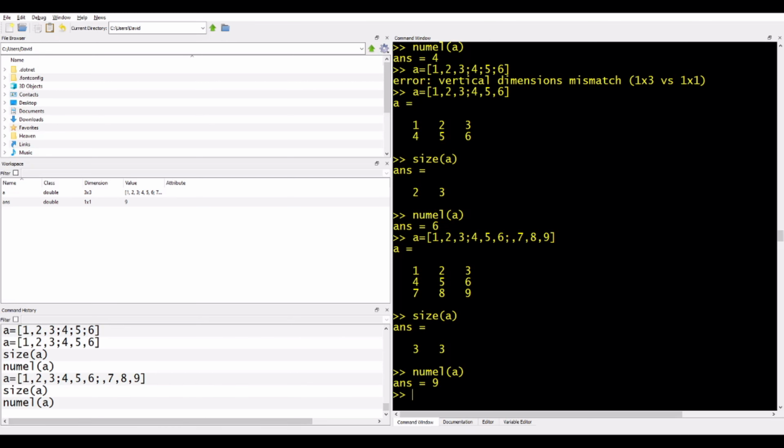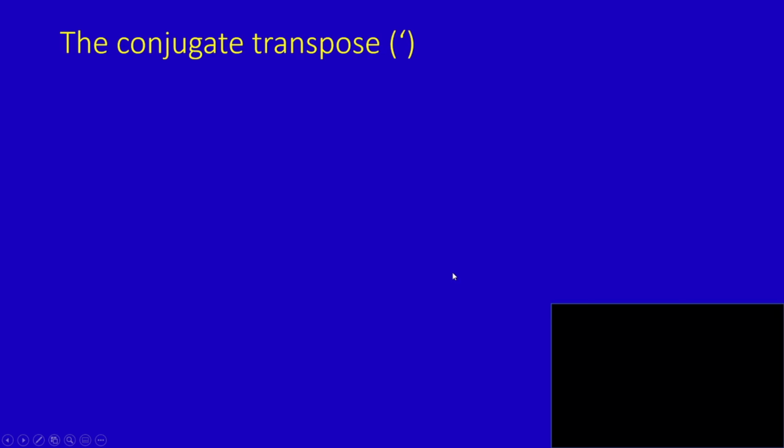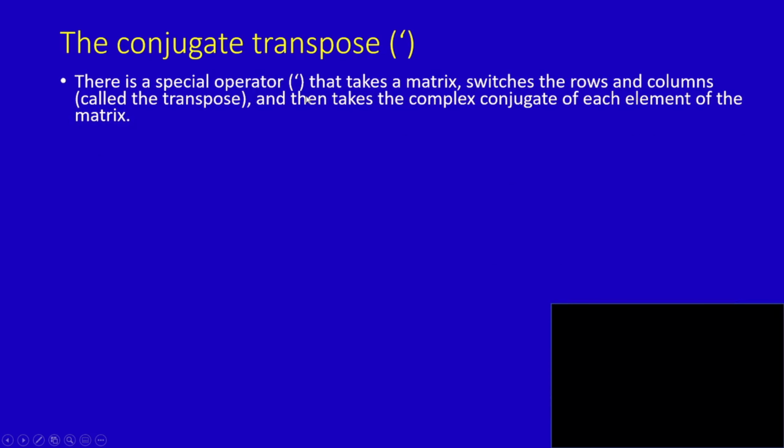Like I said, everything in Octave or Matlab or even Scilab is just an array. Conjugate transpose, which we already showed, but we'll go over this. This operator takes a matrix, switches the rows and columns, called the transpose, and then takes the complex conjugate of each element in the matrix.